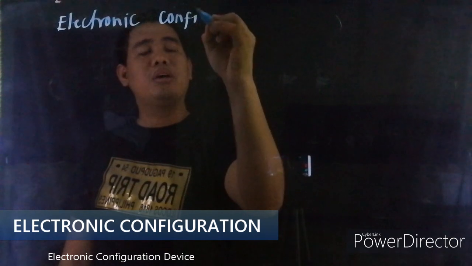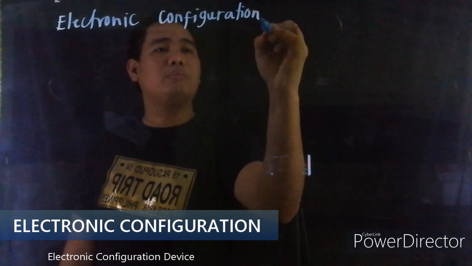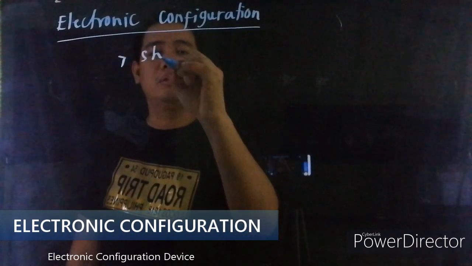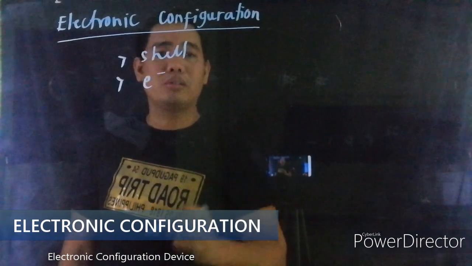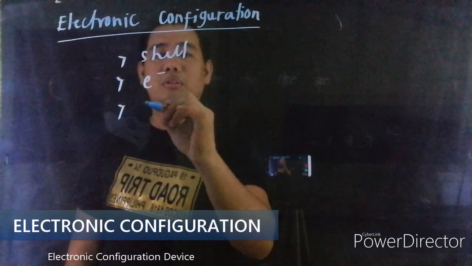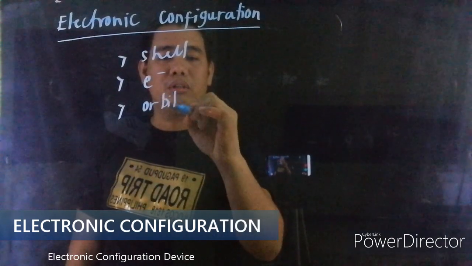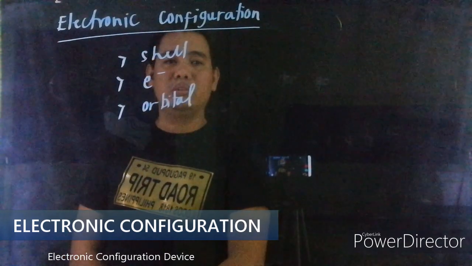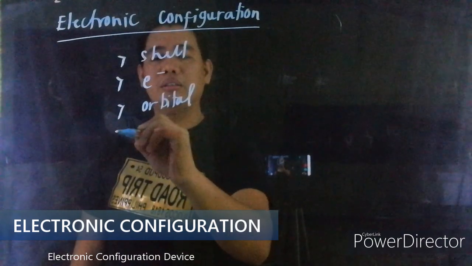So electronic configuration describes the number of shells, the number of electrons per every shell, the orbital, and the subshell.